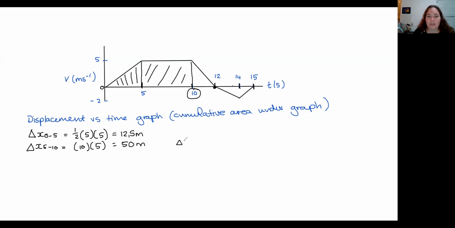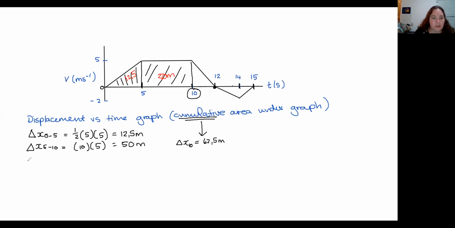So I do a cumulative total where my displacement at 10 seconds is actually going to be 62.5 meters. You must remember this bit of being cumulative area happens here. If you move forwards 12.5 meters here and 50 meters here, you can't suddenly be 50 meters from the start. You've got to add the two together.